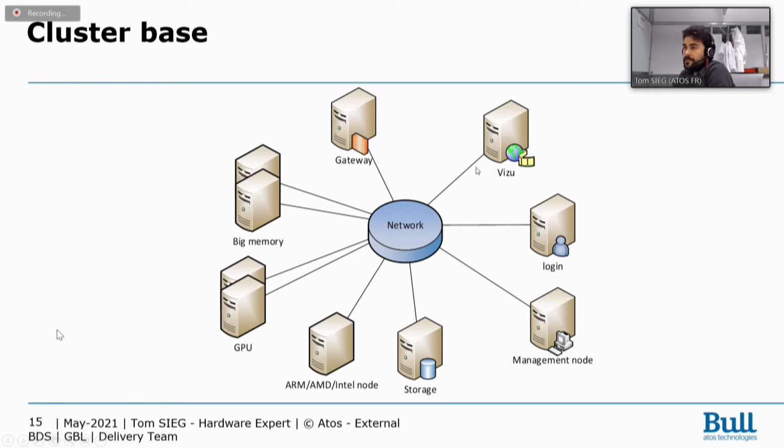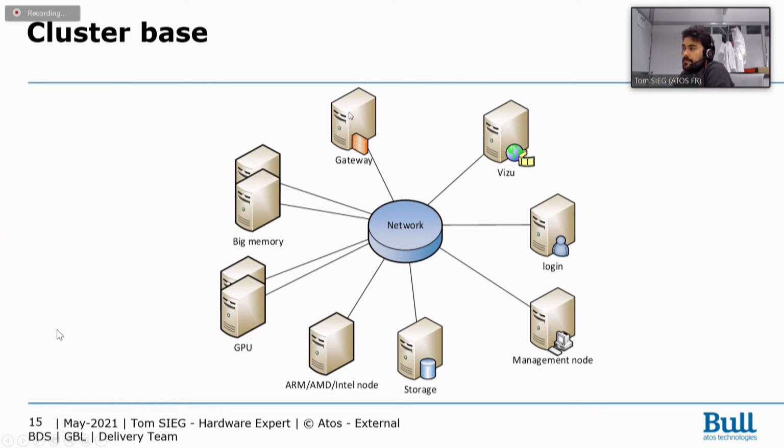The visualization node will also be available for scientists and users. And the gateway: generally, when you have a gateway on your cluster, all the external connections will pass through the gateway. So the cluster will be connected to the company network only from the gateway server.